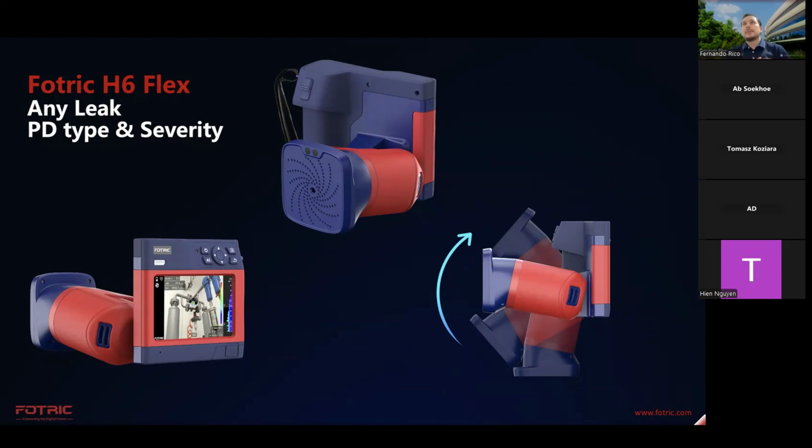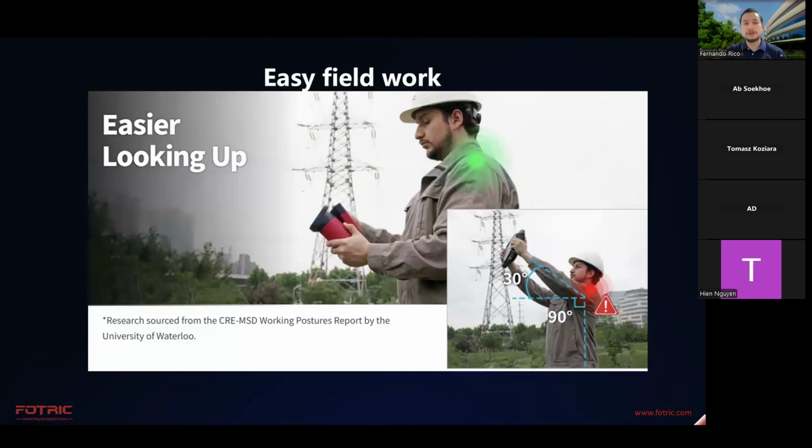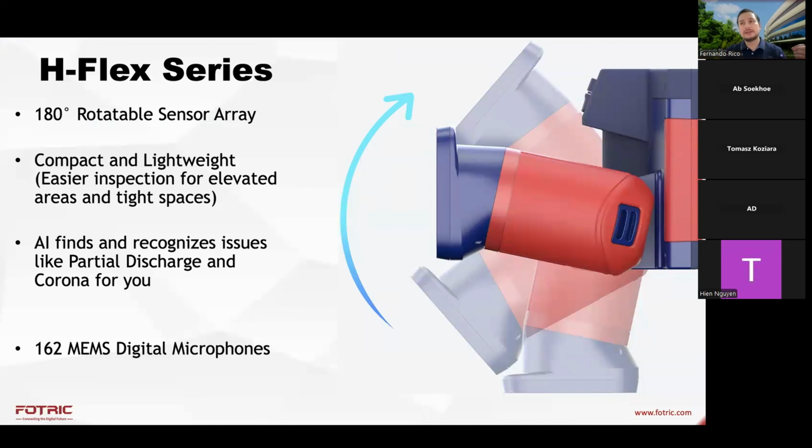FOTRIC also features a unique design, which in my opinion is my favorite. FOTRIC Flex cameras are the only acoustic articulating cameras in the world, which makes a lot of sense for those applications that I mentioned earlier: overhead transmission lines and overhead pipelines.